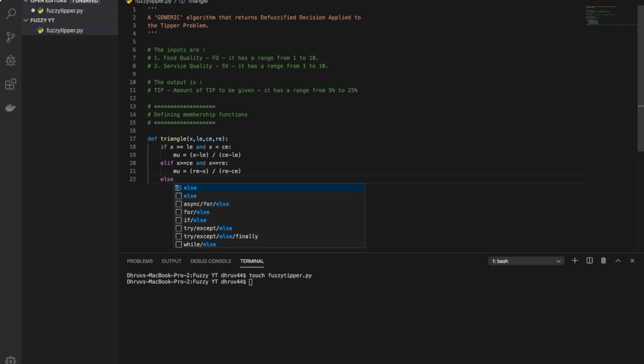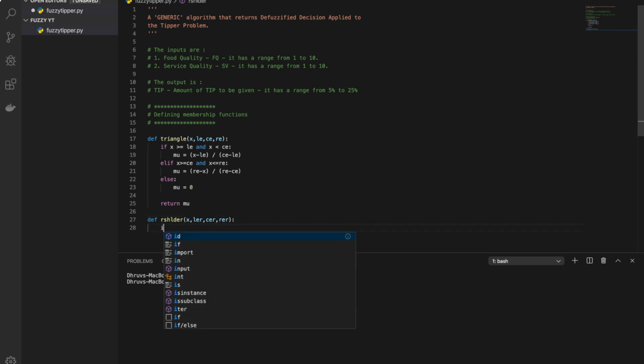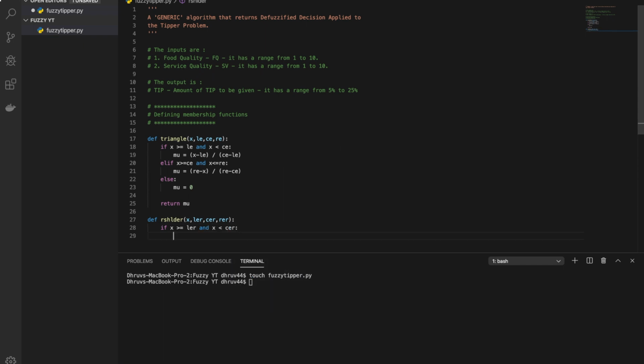And the other condition is x does not belong to the interval of left edge and right edge, which is just like a debugging condition. If the user inputs x which is outside of the interval of the triangle, then it will just assign 0 to mu.